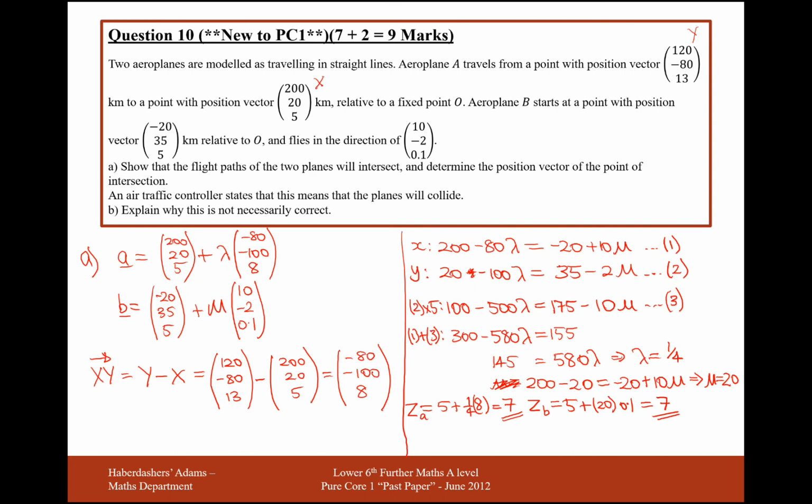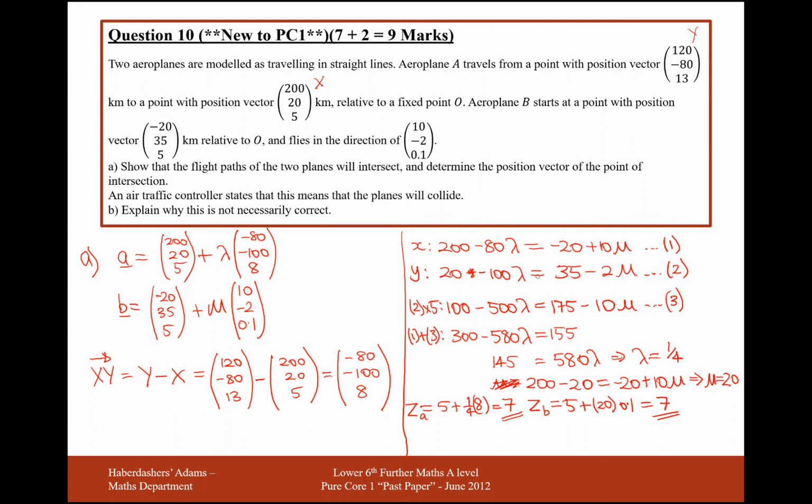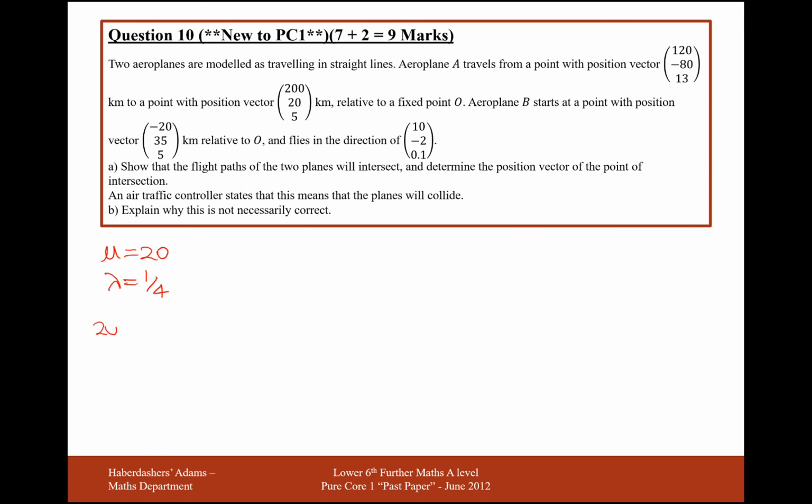Great, so they both have a z coordinate of 7. All that's left to do in part A now is determine the position vector of the point of intersection. So mu would equal 20, lambda equals 1/4. Let's use these equations here. 200 minus 80 times 1/4 will equal 20. 200 take away 20 is 180.